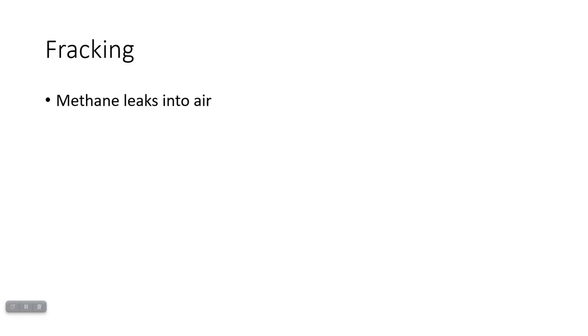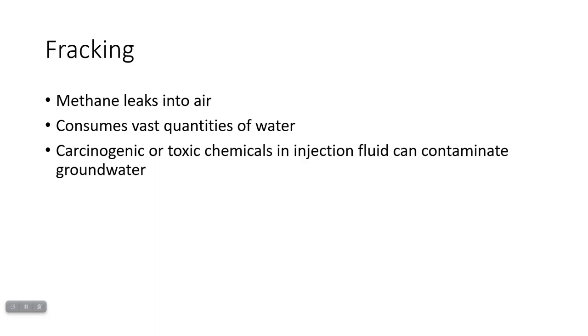Fracking has its own set of various environmental issues. For example, methane can leak into the air. It uses a lot of water because you mix water with various solvents that you then pump into the ground. Some of the fluids that are injected can be carcinogenic. That means they cause cancer.